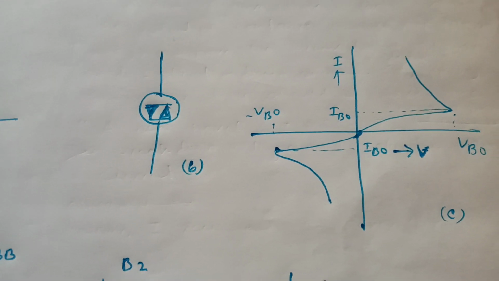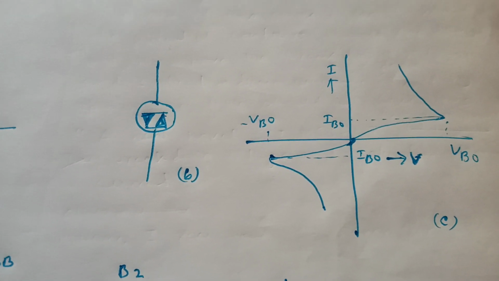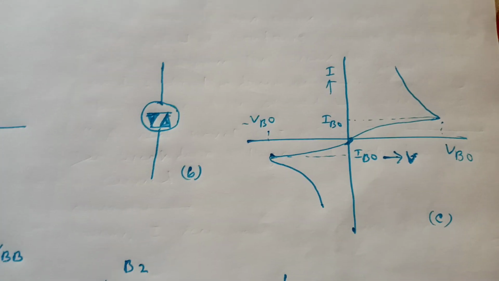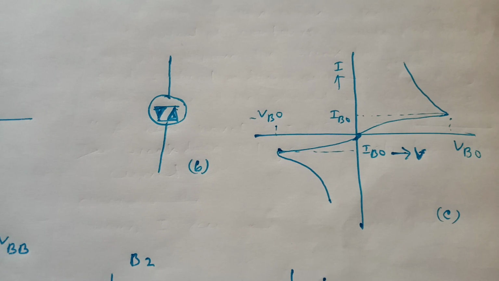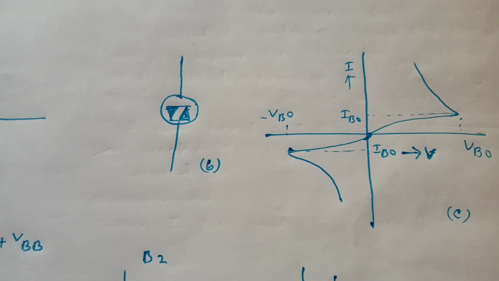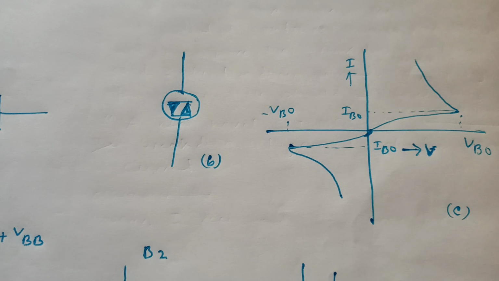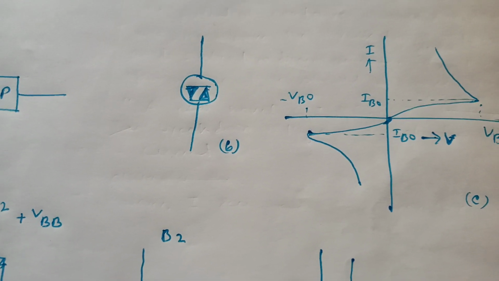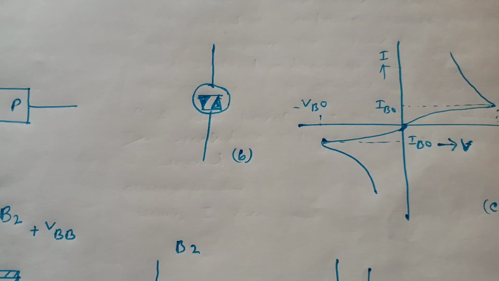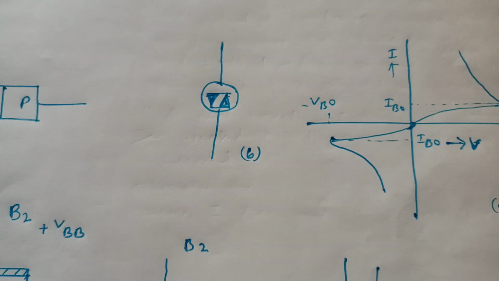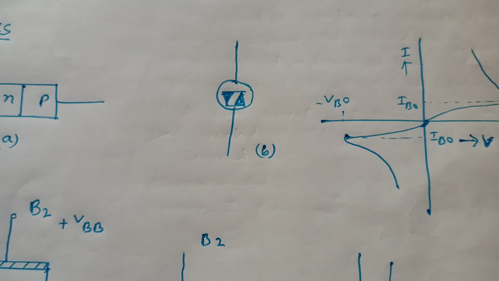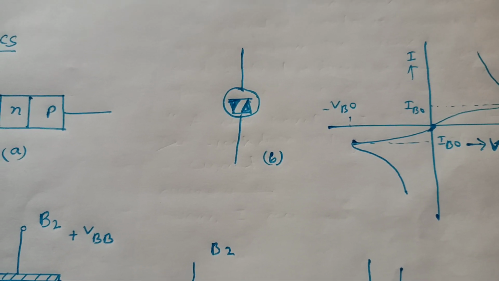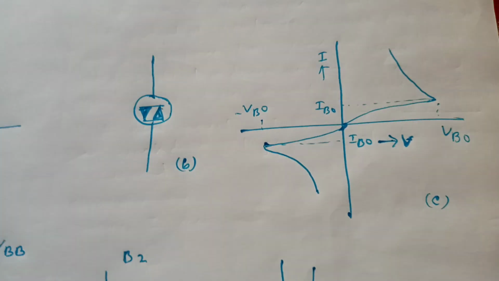If a positive or a negative voltage is applied across the diode terminals, one PN junction is forward biased and the other PN junction is reverse biased. Suppose we apply a positive voltage at the diode terminal: the first PN junction will be forward biased and the second NP junction will be reverse biased.